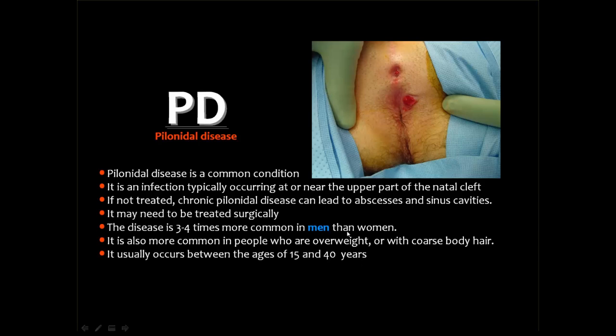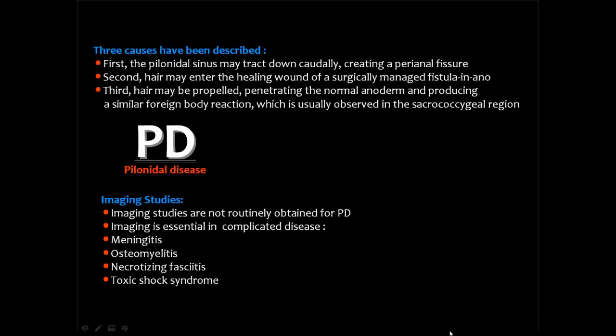It is more common in men than in women, and also more common in overweight persons and those with coarse body hair. The age incidence is from puberty up to the age of 40 years. The causes of pilonidal disease may include a pilonidal sinus that tracks down caudally, creating a perianal fistula, which is a rare presentation.